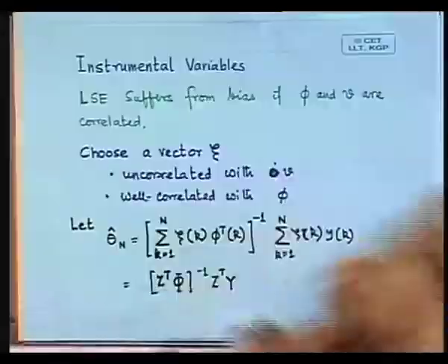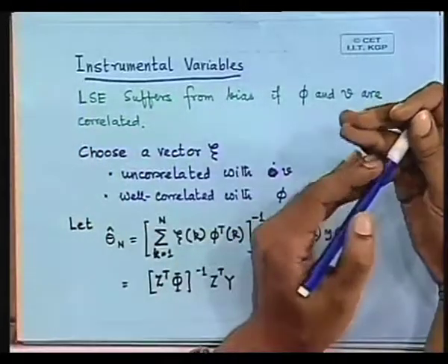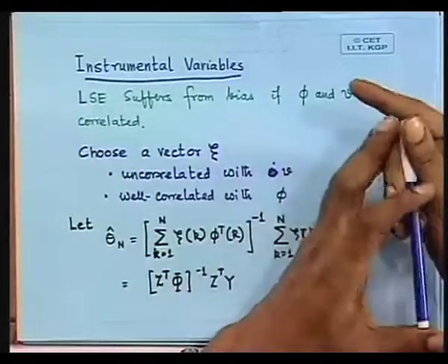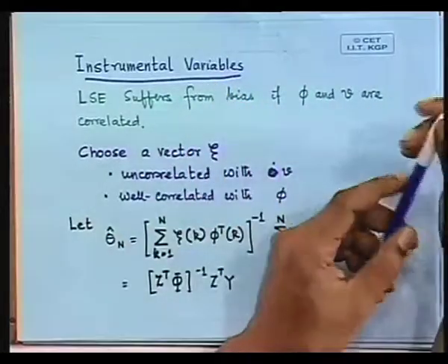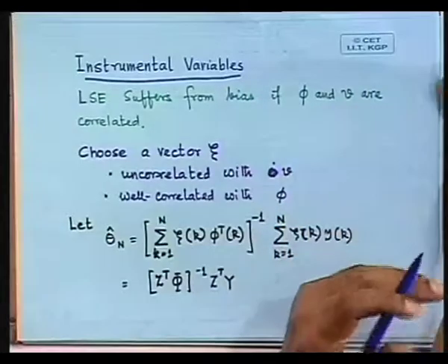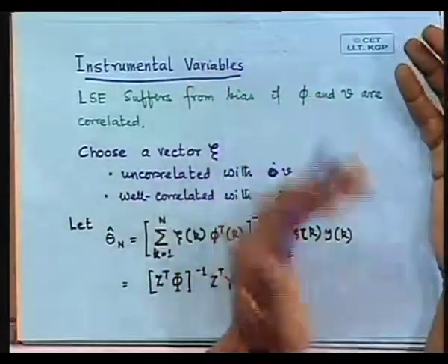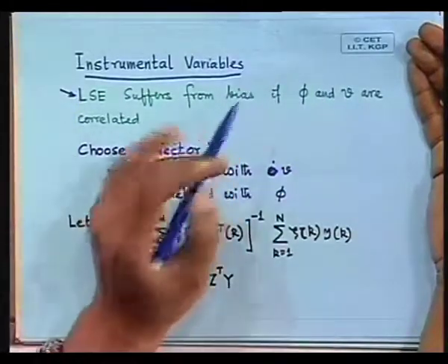Next one is instrumental variables. This is a very quite powerful approach. It works really well, provided you can select your instrumental variables properly. We will come to that. What is the idea? That is where this idea has come from.